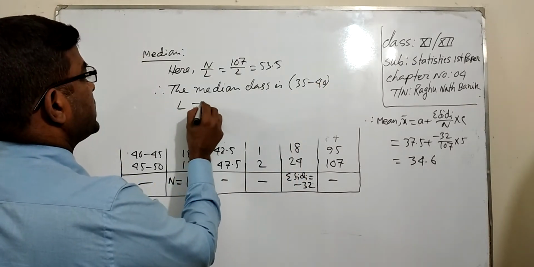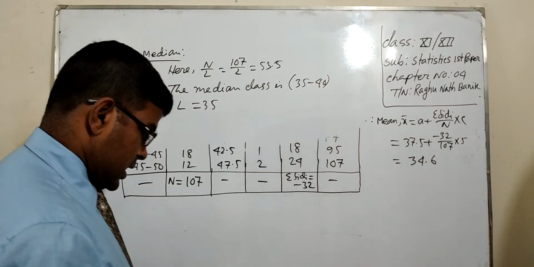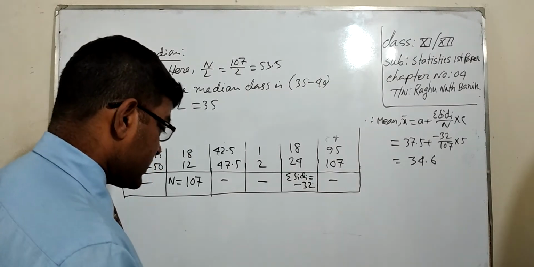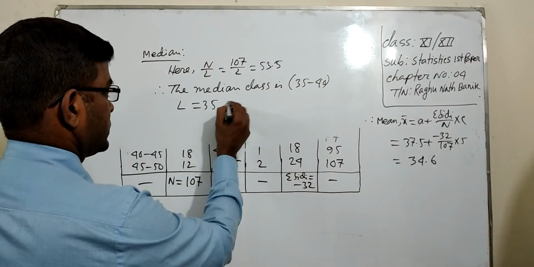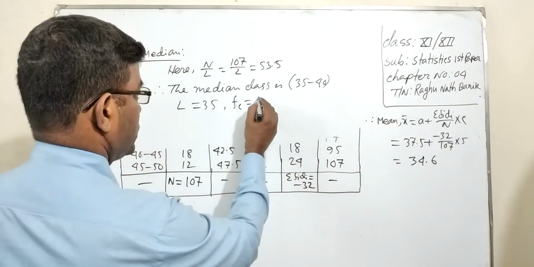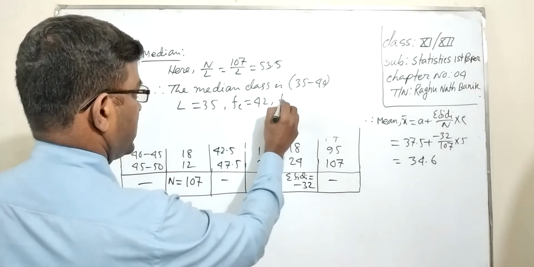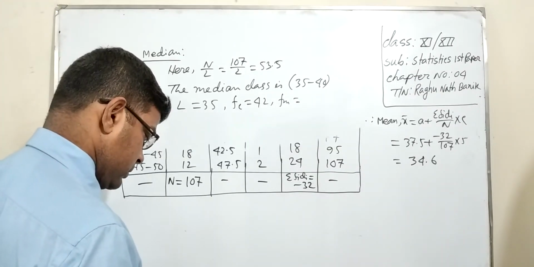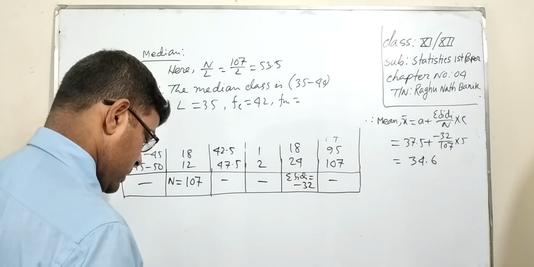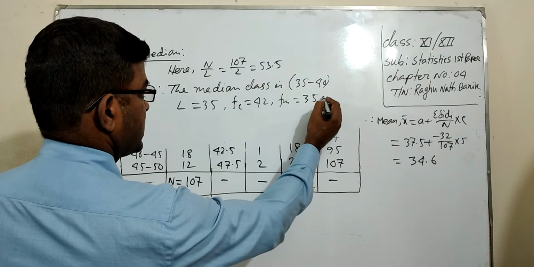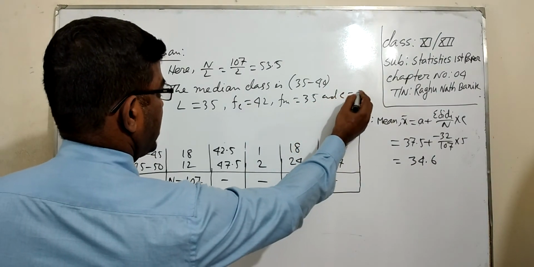L equal to 35, FC equal to 42, FM equal to 35, and C equal to 5.